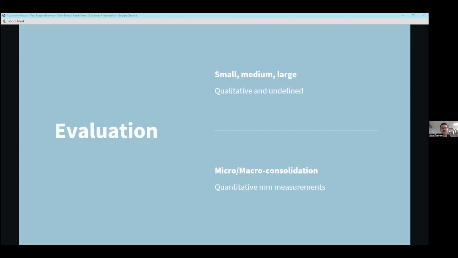The terminology that's used is really interesting. Traditionally we talk about small, medium, large consolidations, but that is really qualitative and it's not well defined in the literature what a consolidation of a certain size equals in terms of a diagnosis or correlation with CT.